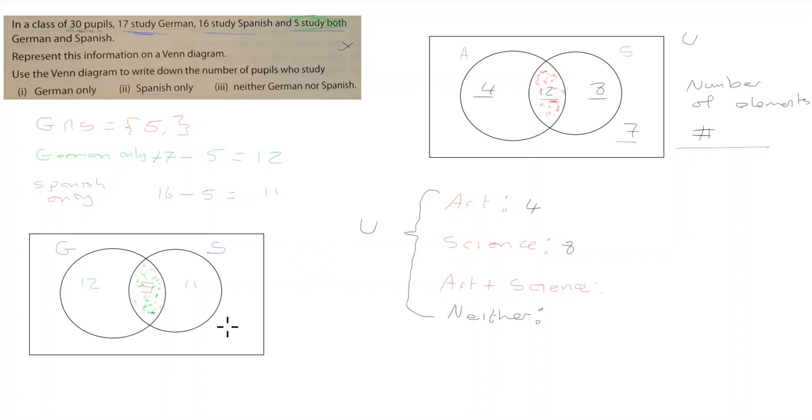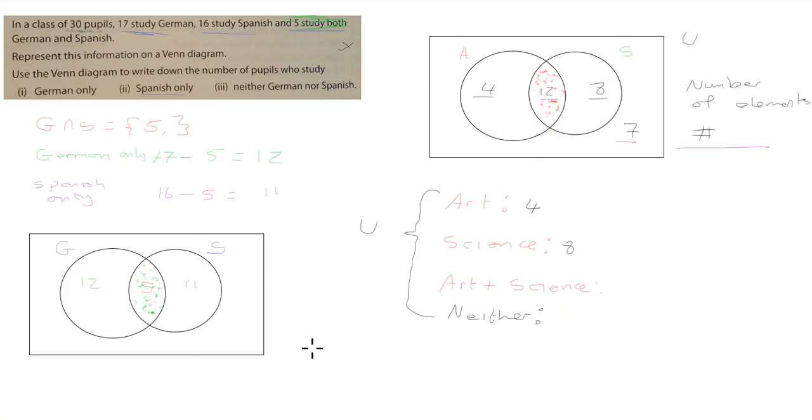We want to find the students that we have to put out here. How might we represent that number? What we'd have to do is add up these 3 groups here, 12, 5 and 11, and then subtract that from the total number of students.